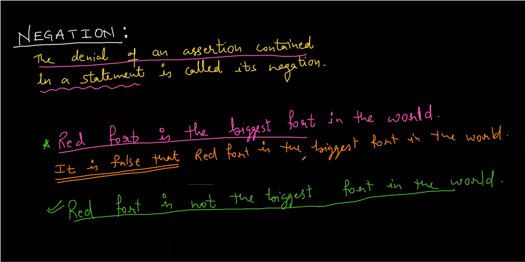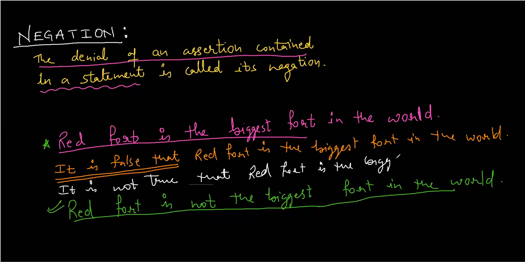Or there is one more way I can write the denial: it is not true that Red Fort is the biggest fort in the world. This is also a denial. So one given statement and these three are its negation.